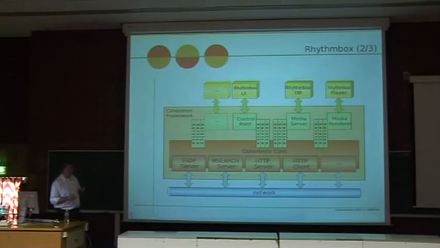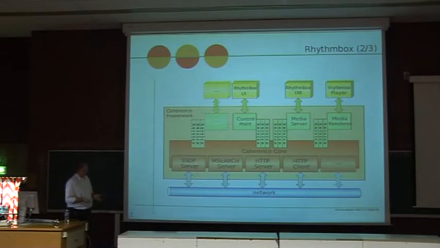But from my point of view, an application normally doesn't have to know all these things. It just says in Rhythmbox, I have some media data and I want to export it on the network.